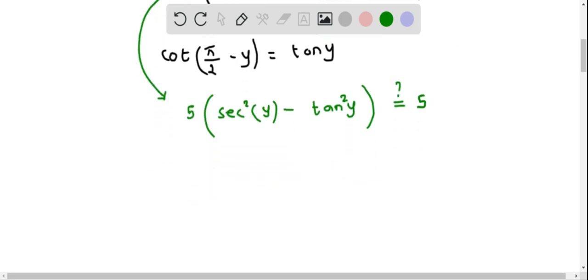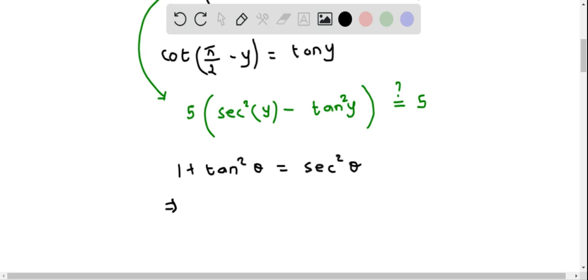Now in the next step, we are going to use the Pythagorean identity. This is one of the Pythagorean identities: 1 plus tangent squared theta equals secant squared theta. And here we subtract tangent squared theta on both sides. Basically, we are getting another form of this Pythagorean identity.